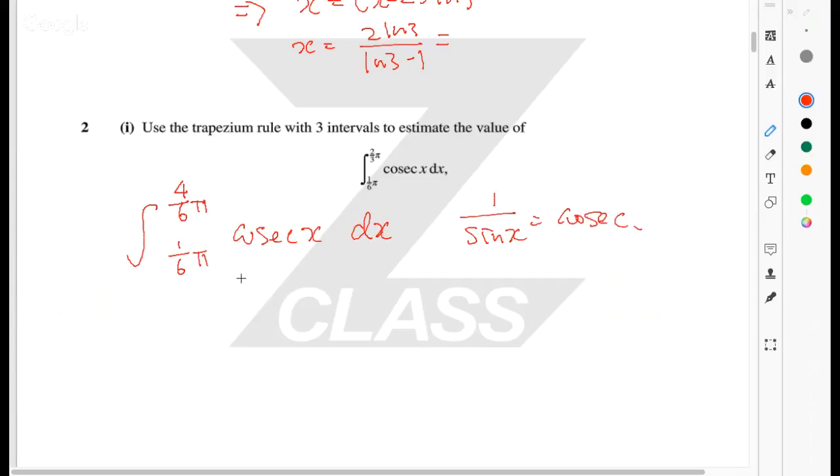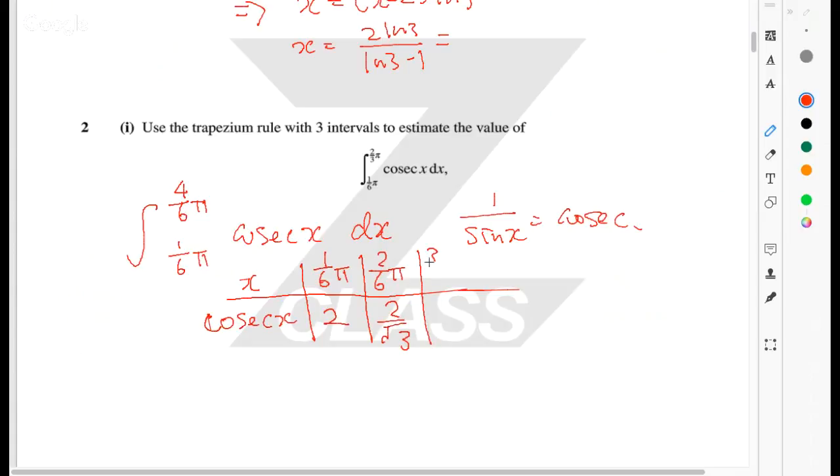It's helpful to draw a table here and list all the values we need. We always need the endpoint, 1 over 6 pi. Sine 1 over 6 pi is a half, so cosec 1 over 6 pi is 2. The second one is 2 over 6 pi. Sine 2 over 6 pi is root 3 over 2, so cosec is 2 over root 3.